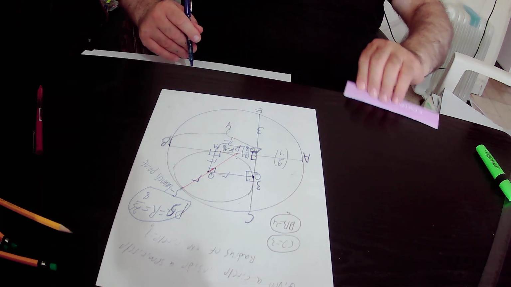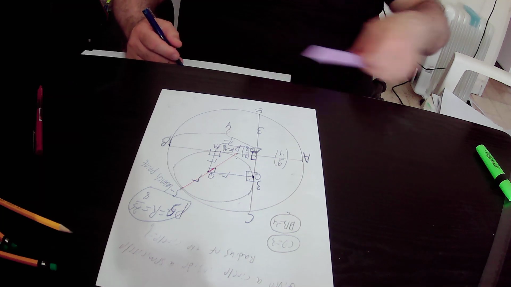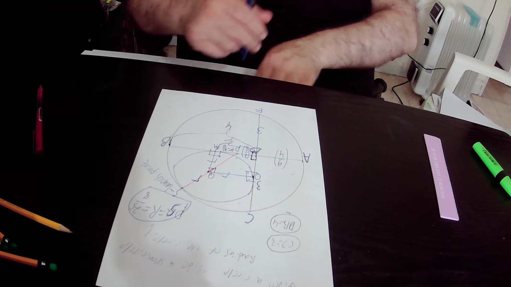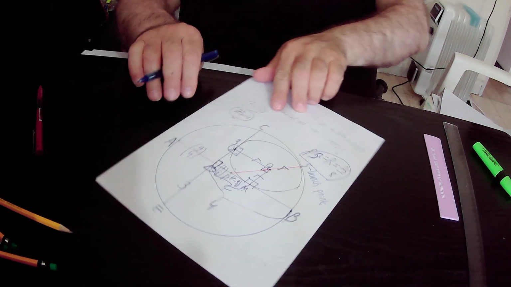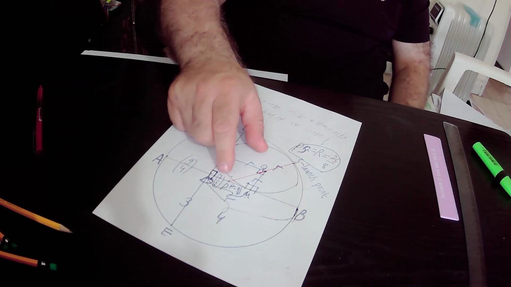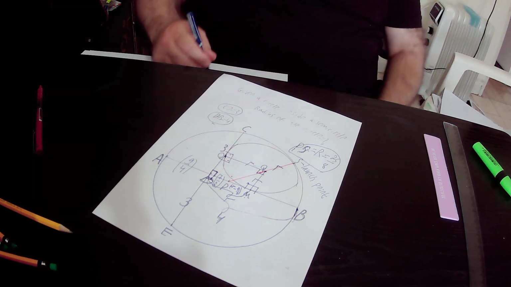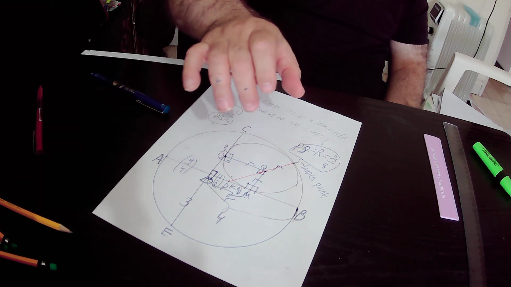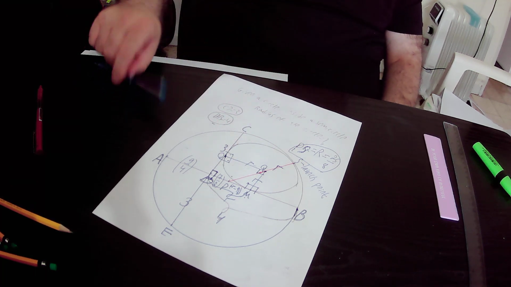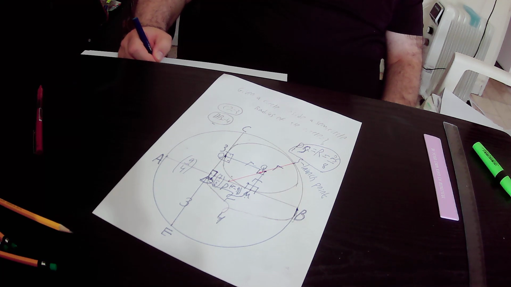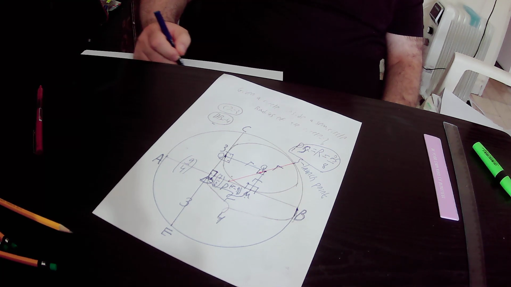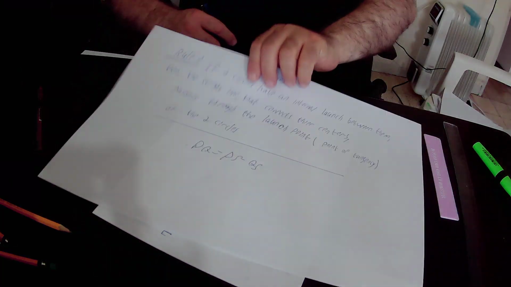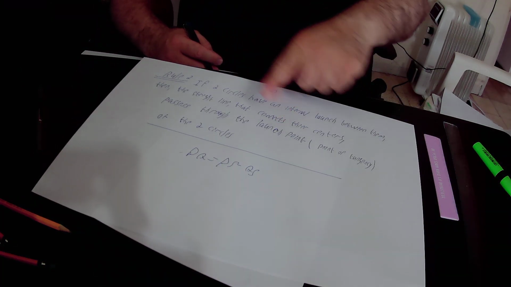The length of this line segment PQ equals PS minus QS. I'll repeat again: PQ equals PS minus QS.